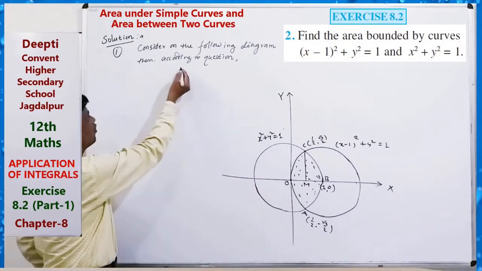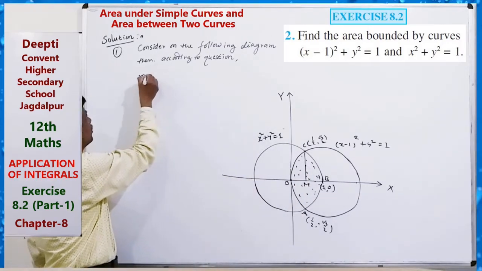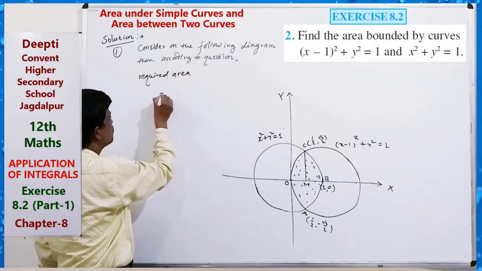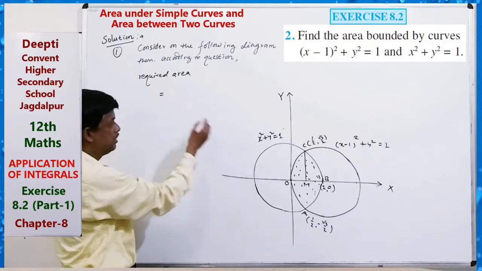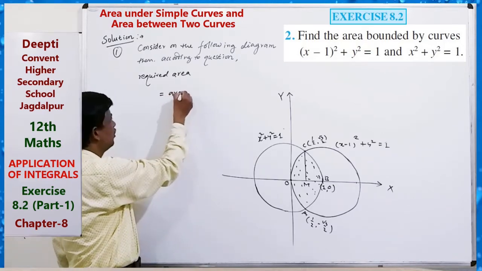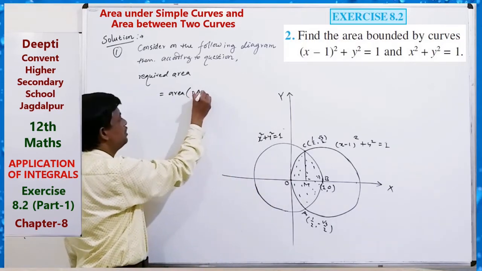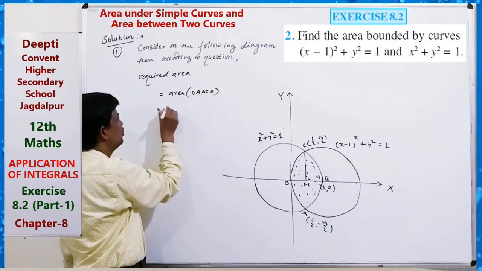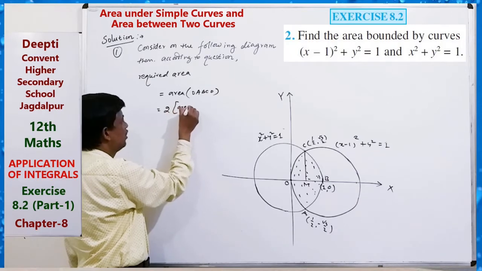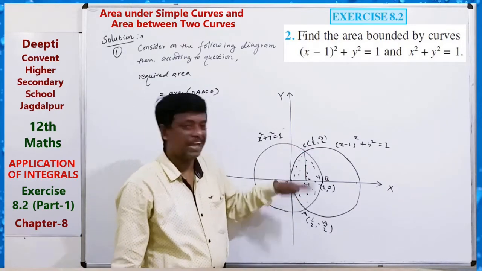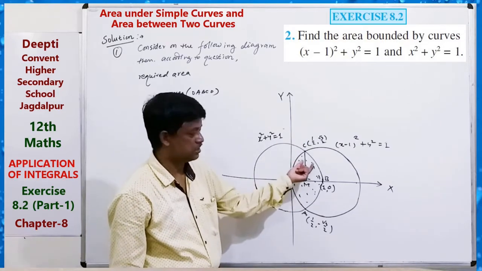Now the required area is the total area of O, A, B, C, O, which is 2 times the area of what? Because this area is symmetric about the x-axis, so this equals this.